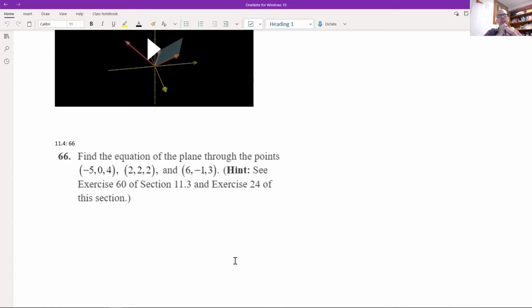And then the tricky part will be finding the constant part of the plane, because you'll just be able to use the components of the normal vector on the left-hand side of the equation with x, y, and z. But the right-hand side, you'll have to figure that out.